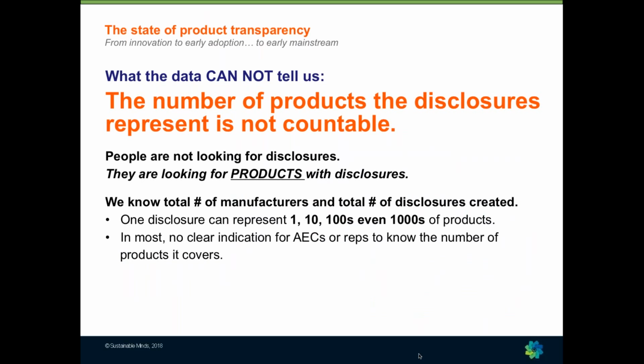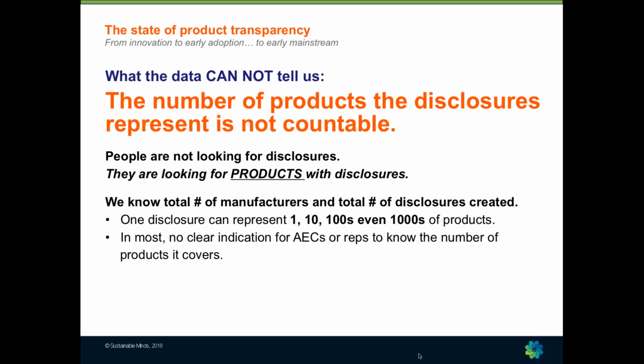Those things are countable. What is not countable is the number of products that those disclosures represent. Pretty much everyone on this call has been involved in creating product transparency disclosures. And so you know that a disclosure can for sure represent one product, but it often represents more: 10, 20, 50, 100.